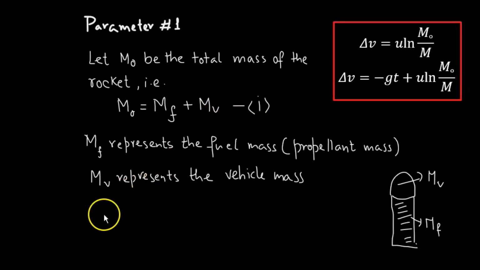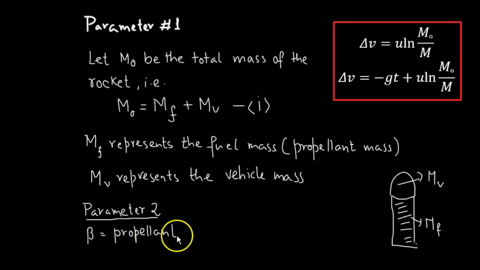Let's move on to the second parameter. Let us introduce a parameter beta, defined as the propellant mass fraction, which is the ratio of the fuel mass divided by the initial, or total, mass of the rocket: mf over m0.